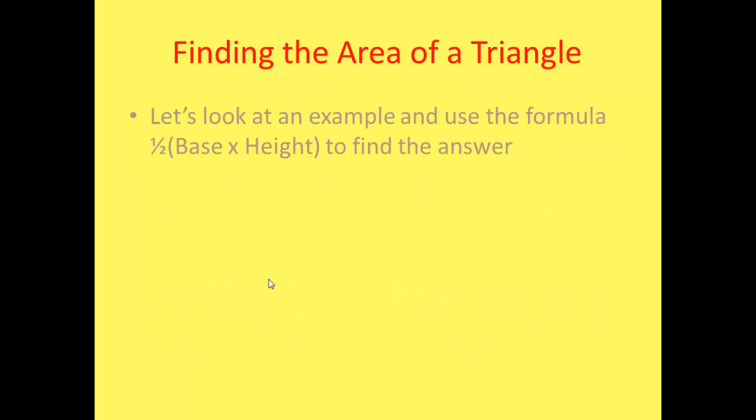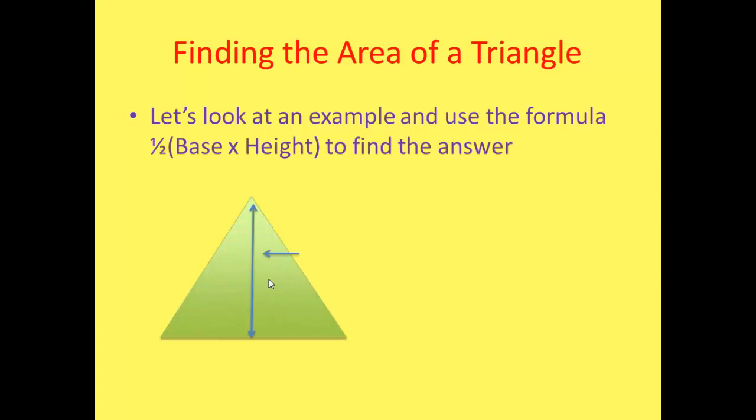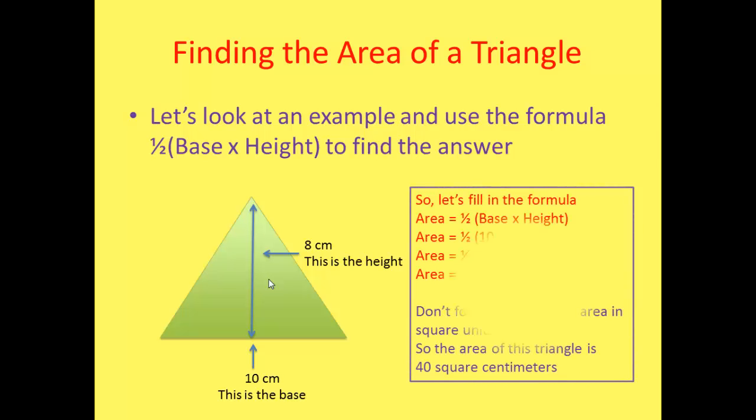Let's take a look at an example. And we're going to use the formula 1/2 base times height to find the answer. Here's a triangle. The height is 8 centimeters, and the base is 10 centimeters. So let's fill in the formula, which is area equals 1/2 base times height.